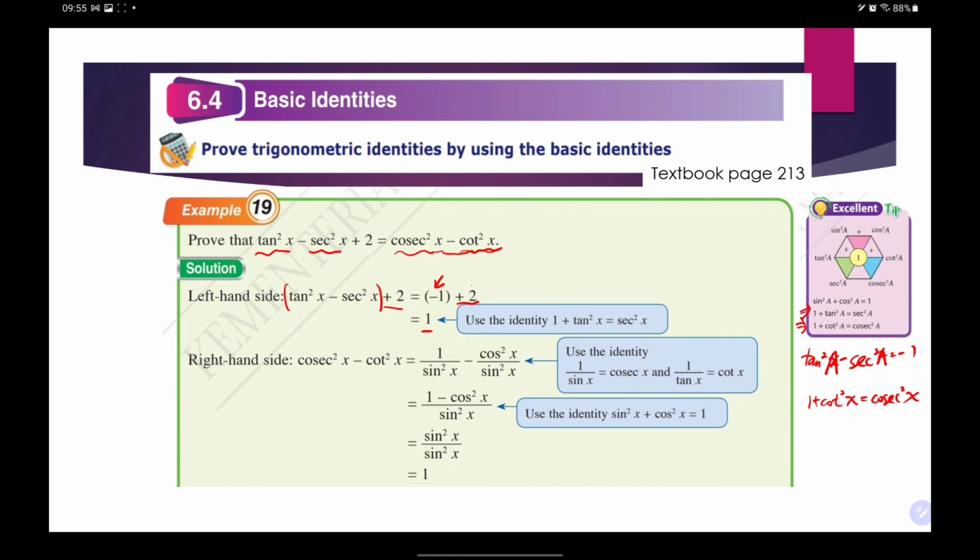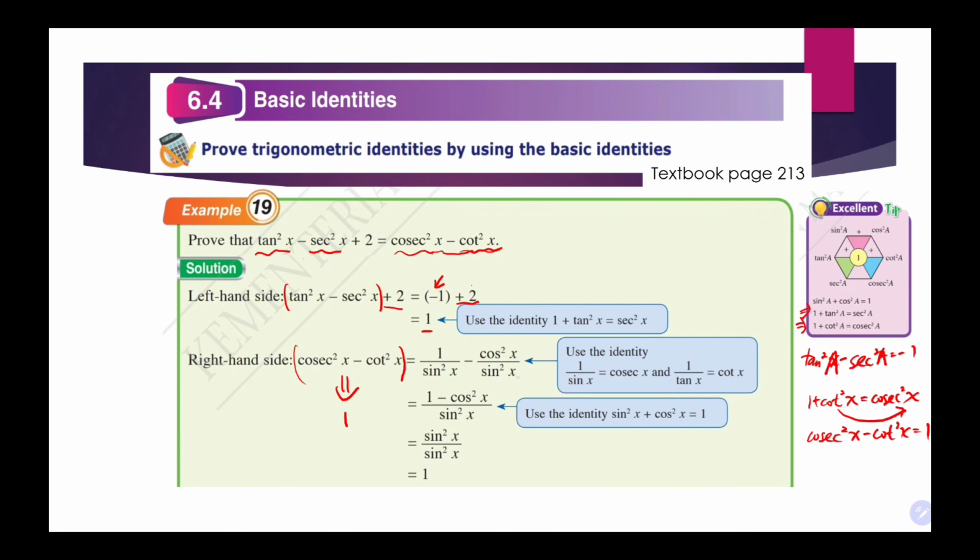So the cosecant square x is actually 1 plus cotangent square x, minus cotangent square x. I shift this to be minus, so we have cosecant square x minus cotangent square x, and I will get 1.